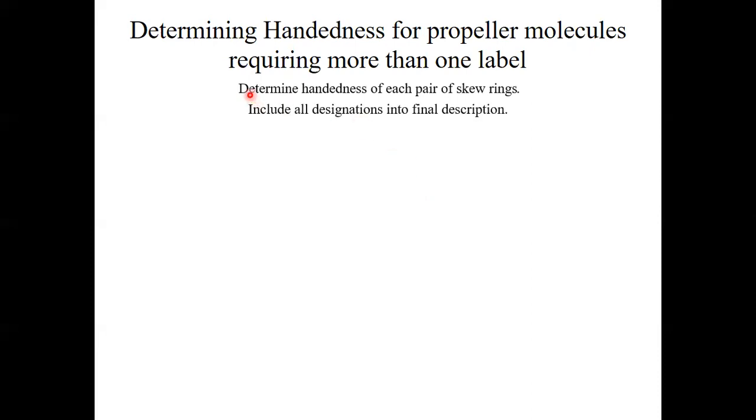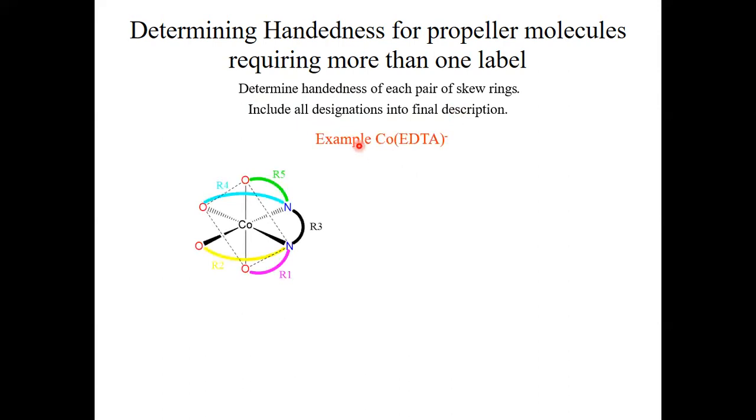So in order to do this, you would first need to determine the handedness of each pair of rings which are non-coplanar and not adjacent, and then include all the designations for the different ring combinations into the final description. So an example for this is this cobalt EDTA complex here.